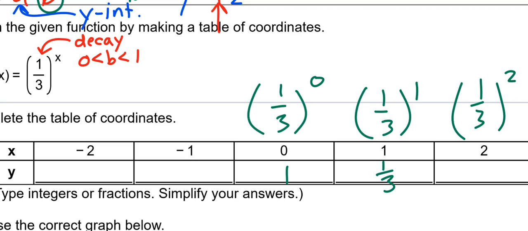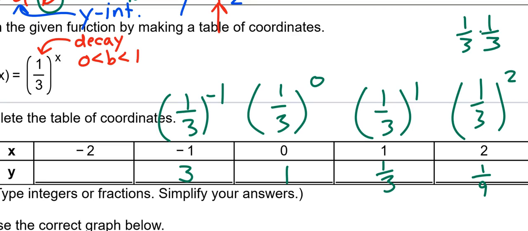Nope. 1/3 times 1/3 is 1/9, right? Because that's all you're doing is 1/3 times 1/3. Okay? How about 1/3 to the -1st? Ah, that's flipping it over. That becomes a 3.